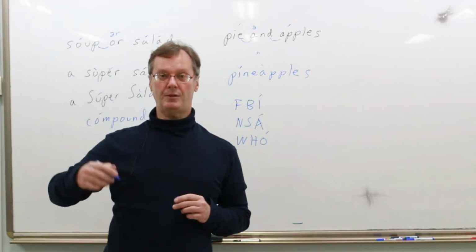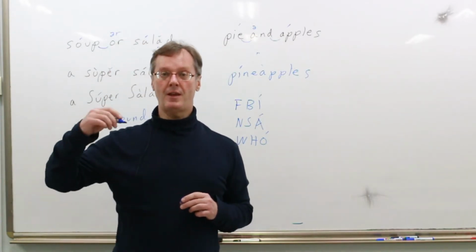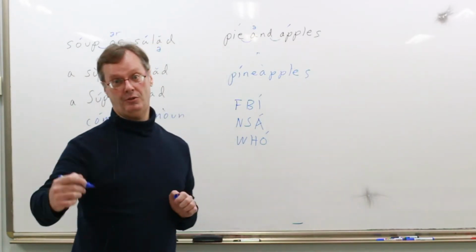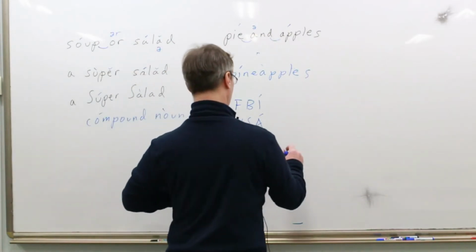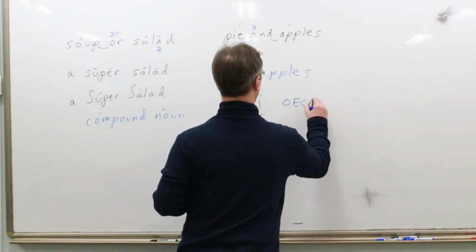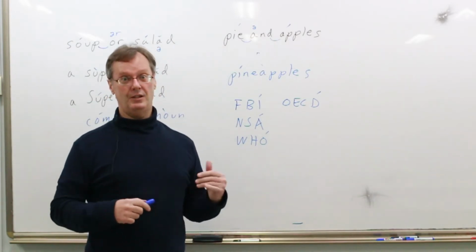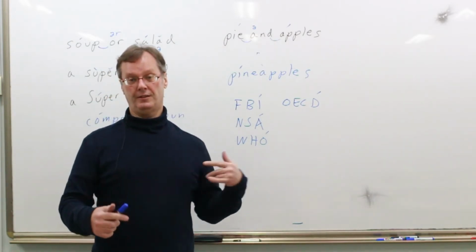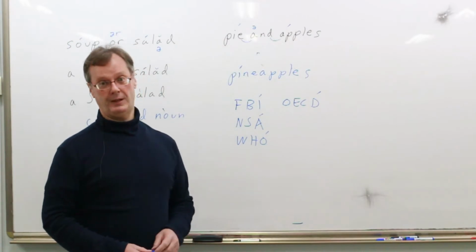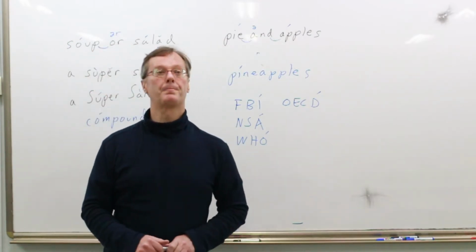The main stress on abbreviations is usually the last part, usually the last letter, or OECD. So abbreviations are interesting. They are kind of the opposite of regular compound nouns.